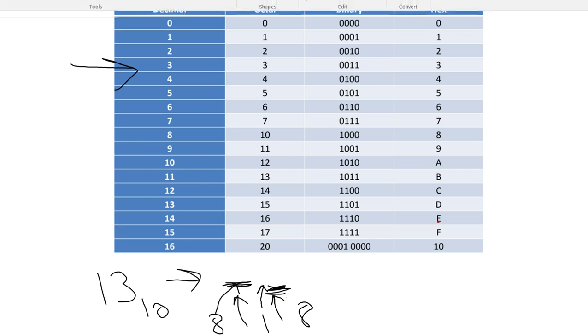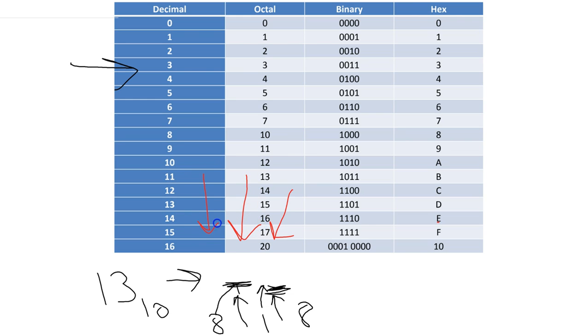Now it's different because we would normally think about it as our 1's place, and then our 10's place, and then our 100's place. But that's base 10. So when we're doing base 8, we would have our 1's place and our 8's place and our 64's place, and it increases at a different amount.